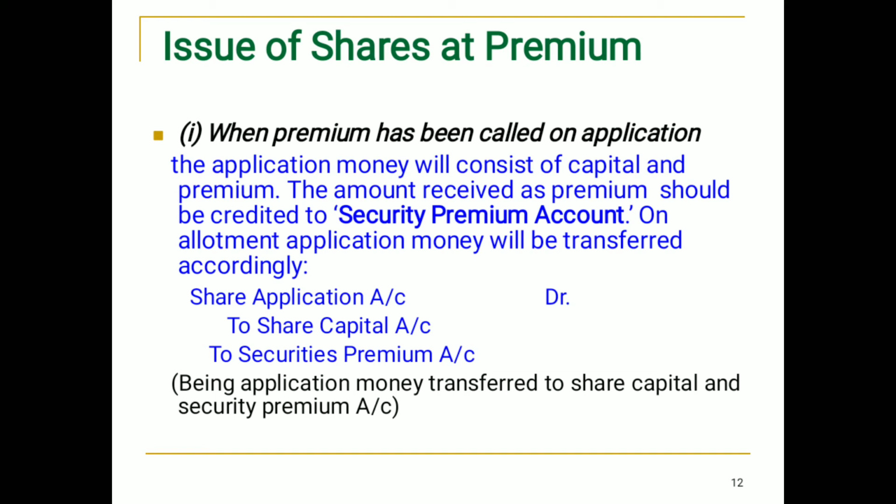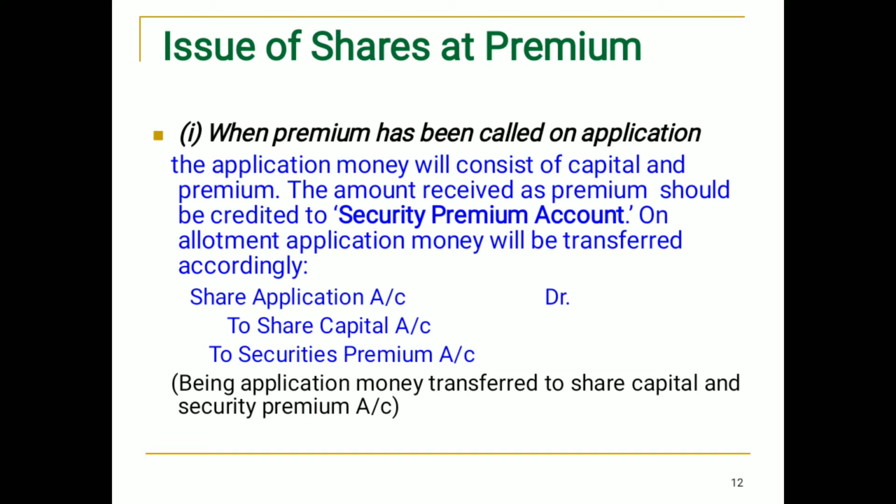The amount received as premium should be credited to securities premium account, and application money will be transferred accordingly. Right? So share application account debit to share capital to securities premium account.